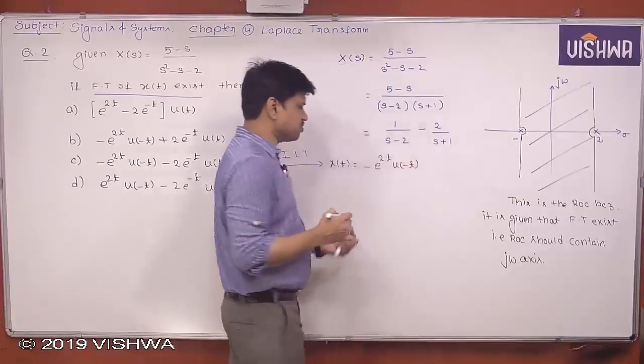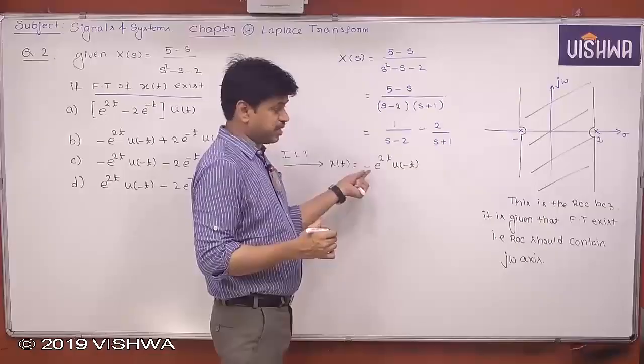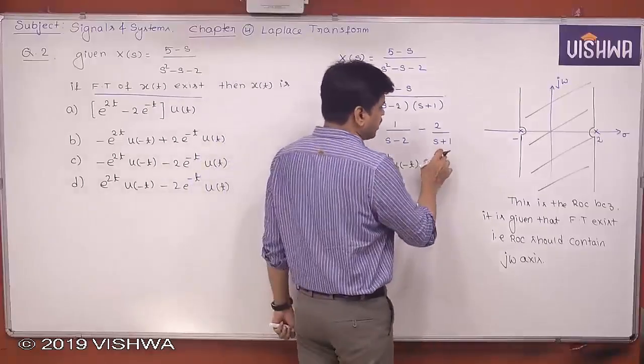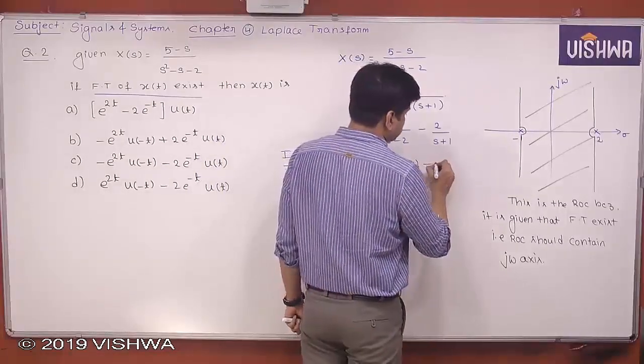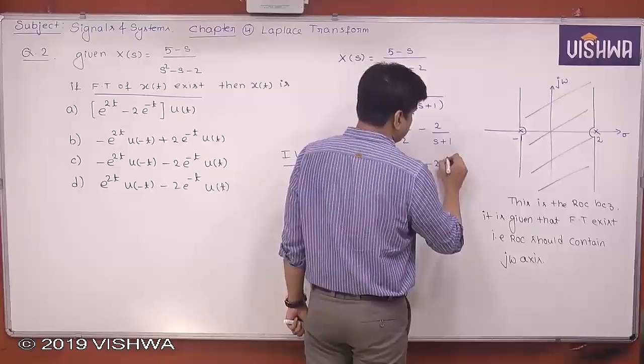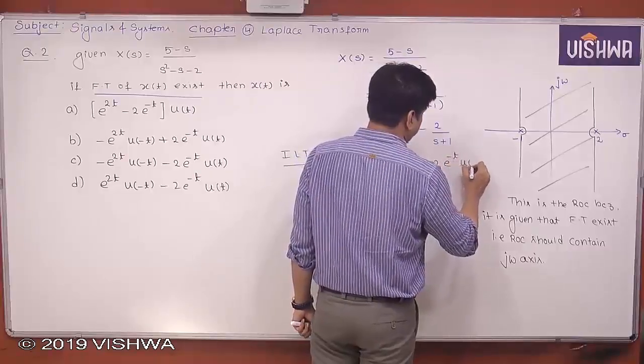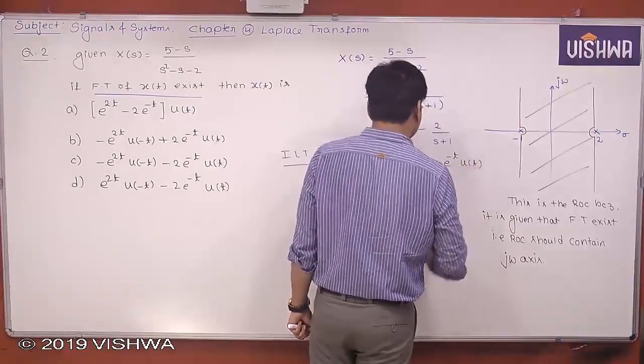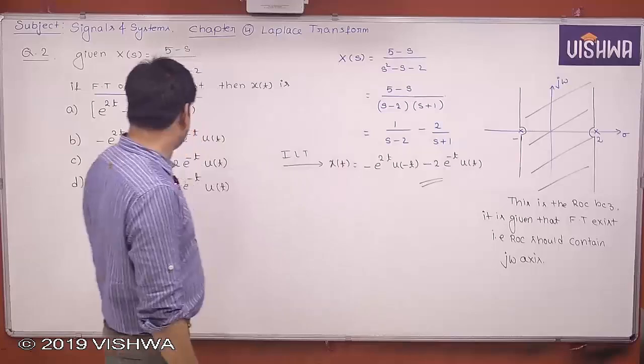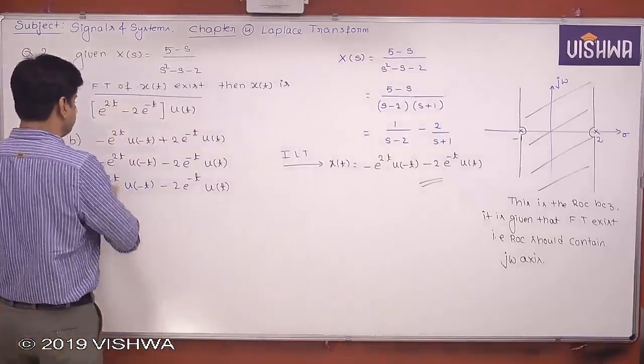I told you for a left side signal we have to change the sign. Next, it is a right side signal, so no sign change: minus 2 e power minus t u of t. So this is what x of t is. So the answer is C.